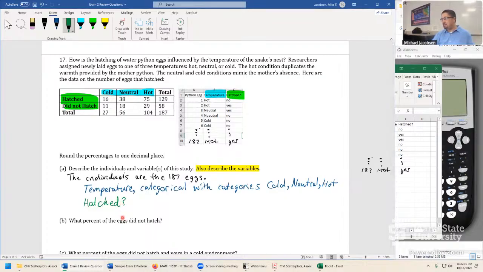You might just write down success or something like that. Going with hatched, this one is also categorical, with categories hatched, did not hatch. So that's just the breakdown of what we're looking at when we see this data table.